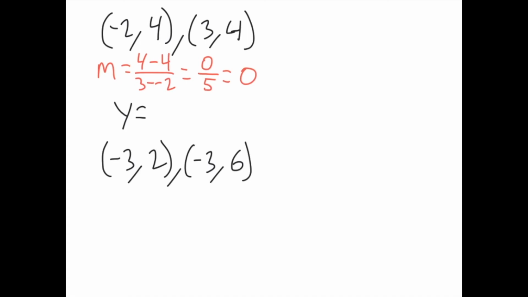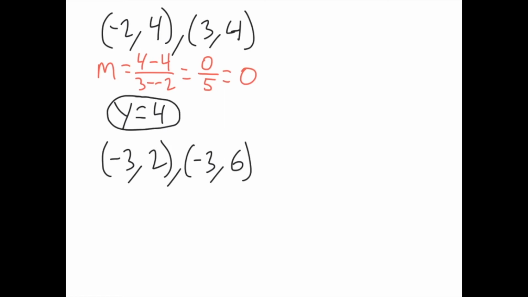Now the number you pick, notice in this case we have 4 in both of these. So you look at your y's in both points. They should be the same number. If they are, that means you did the slope right, and so that means the number that they both are is what y equals. So y equals 4.